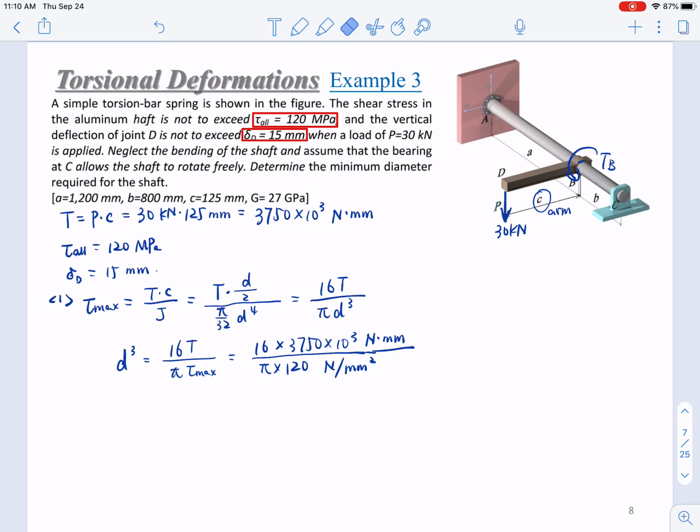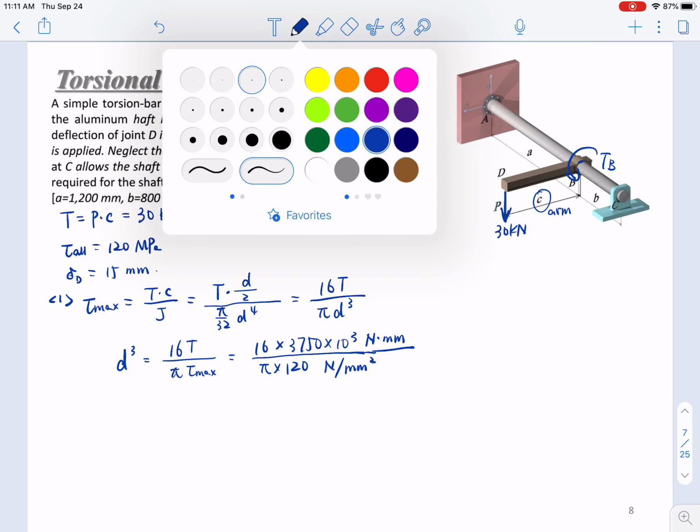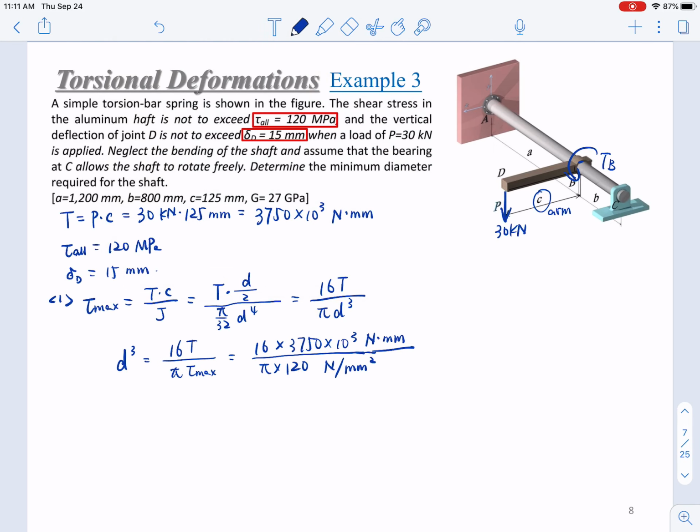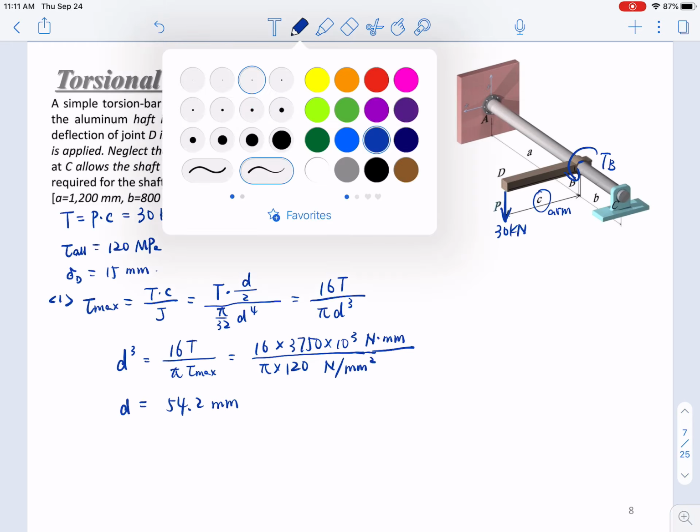From here you can determine that D equals 54.2 millimeter. You can do this calculation yourself.